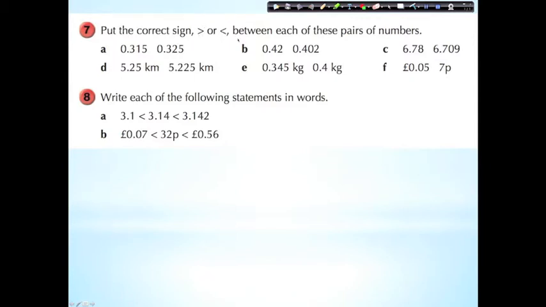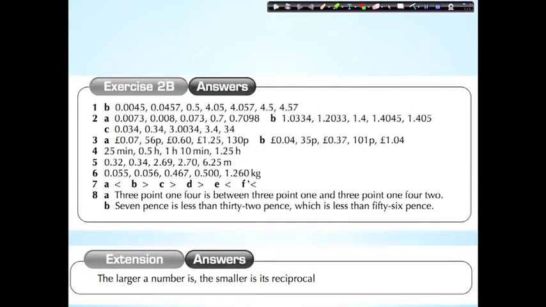So press pause and answer these questions. Okay, here are the answers to questions 1 to 8. So you can press pause and mark your work.